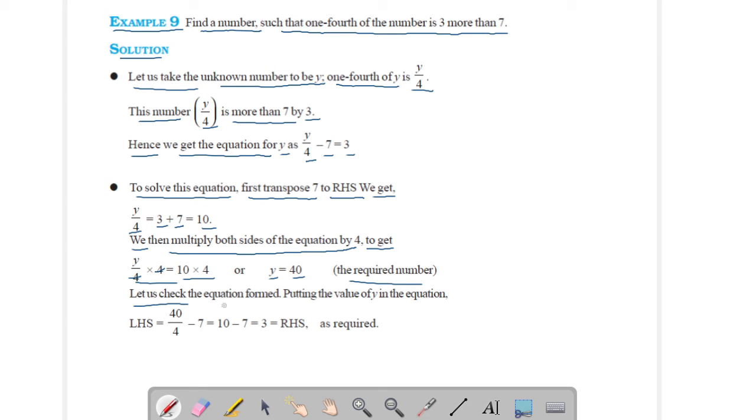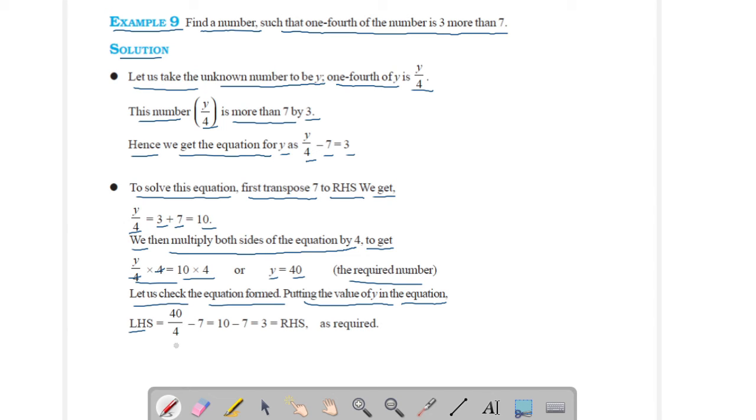Let us check in the equation form, putting the value of y in the equation. Here left hand side equal to y upon 4 minus 7. Here put the value of y as 40.